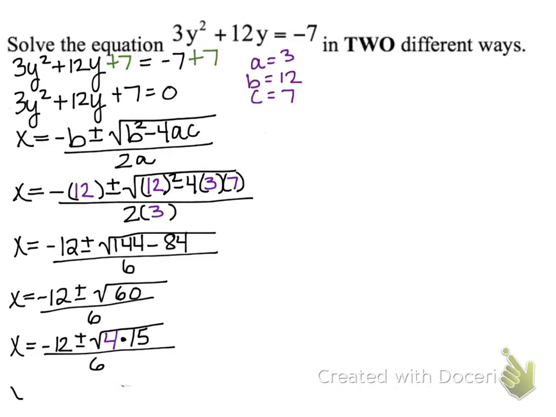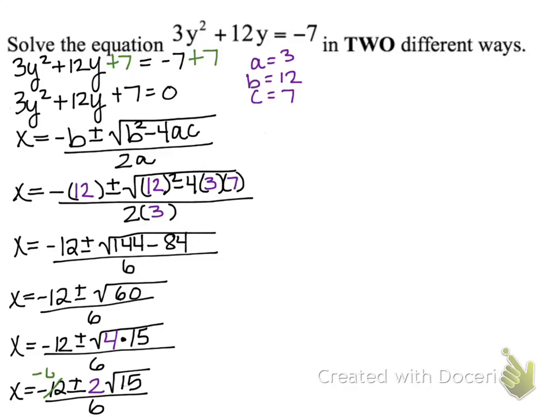So this gives me x equals negative 12 plus or minus 2, where the 2 comes from that square root of 4, plus or minus 2 square root 15 all over 6. Now I can do even more simplifying. The 12, the 2, and the 6 all share a factor of 2, so I can divide all of those by 2.